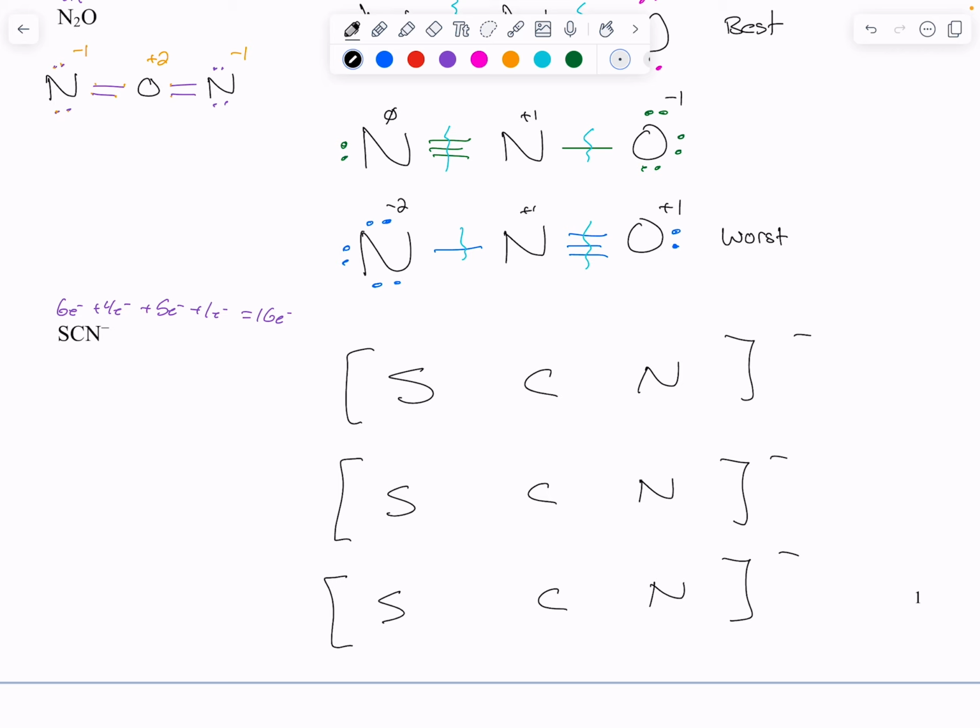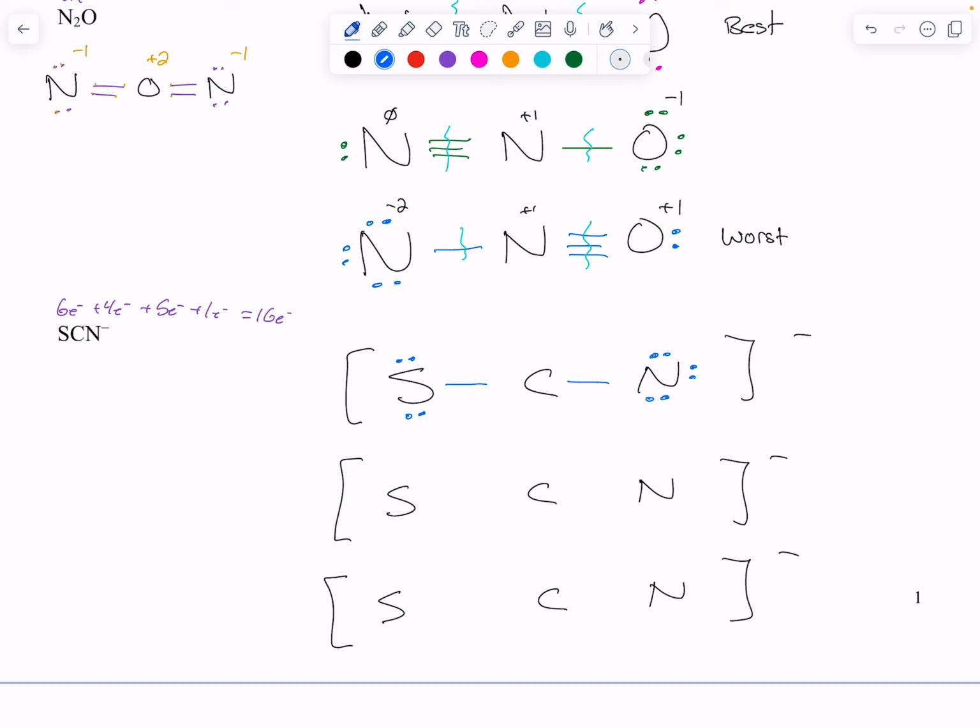All right, hope you paused and tried it out. So first thing we've got to do is bond them. So 2, 4, 6, 8, 10, 12, 14, 16. And if you notice, it's 16 electrons, 3 atoms, just like the one before. So the 3 options are going to be the same as the one before.